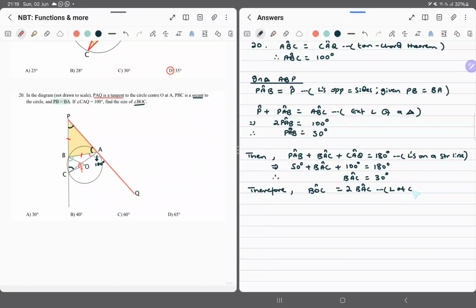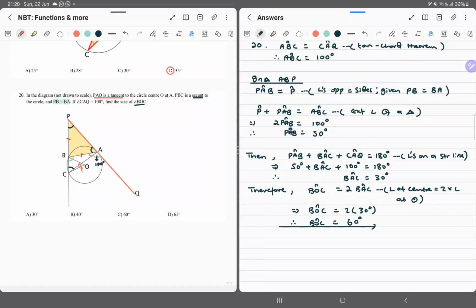Angle at center equals 2 times angle at circumference. This implies that BOC is equal to 2 times BAC, which is 30 degrees. Therefore, BOC is equal to 60 degrees.